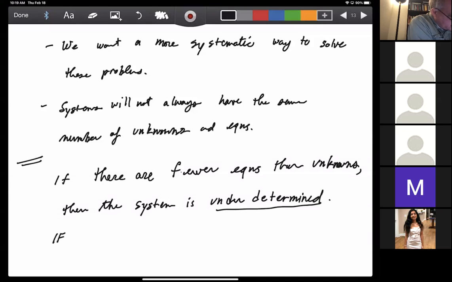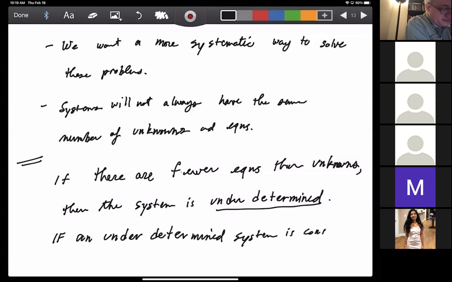And if an underdetermined system is consistent, there are infinitely many solutions.